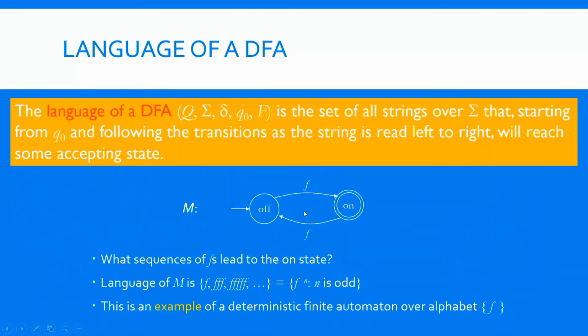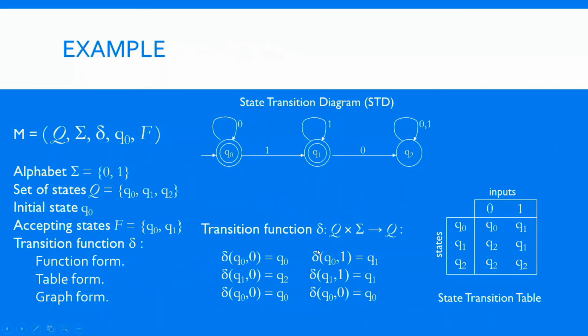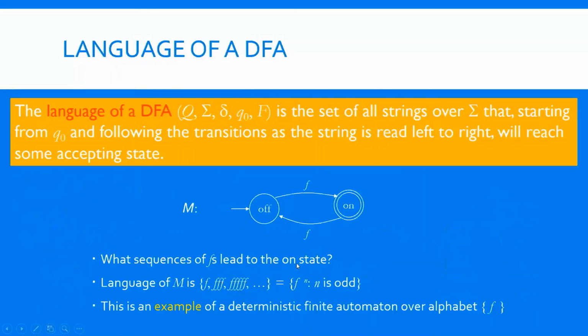If you want to express this in the function definition form, you have to write delta of state, comma, symbol equal to state. So delta of OFF, comma, reading the symbol F, equals ON state.